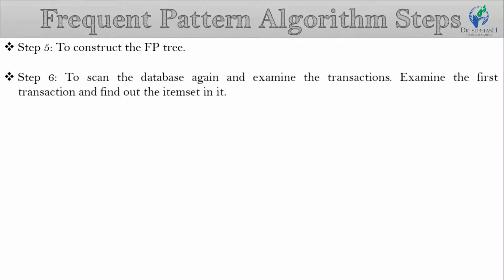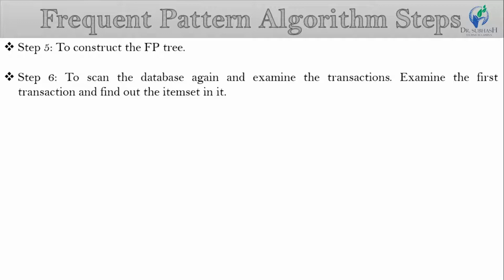The next step is to scan the database again and examine the transactions. Examine the first transaction and find out the item sets in it. The item set with the maximum count is taken at the top, then the next item set with lower count, and so on.